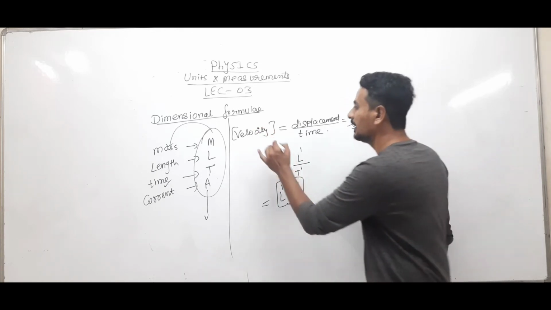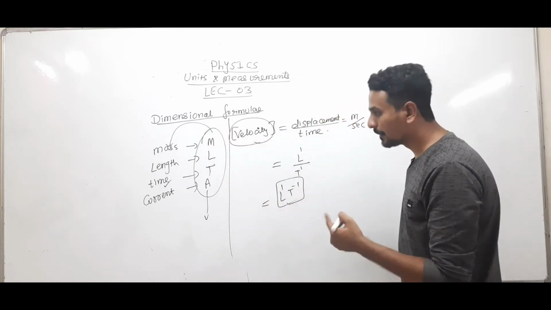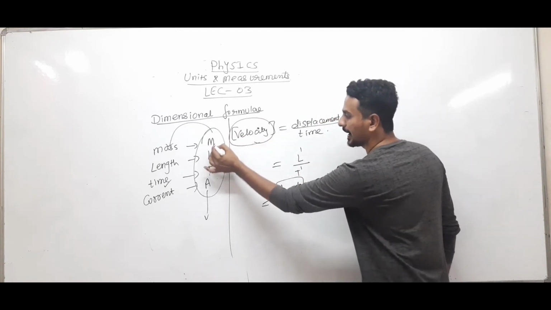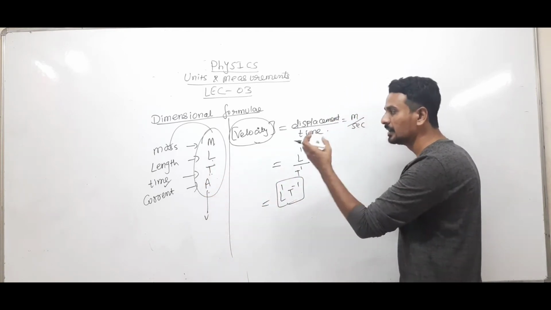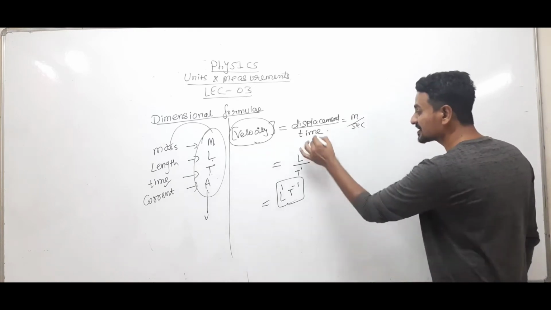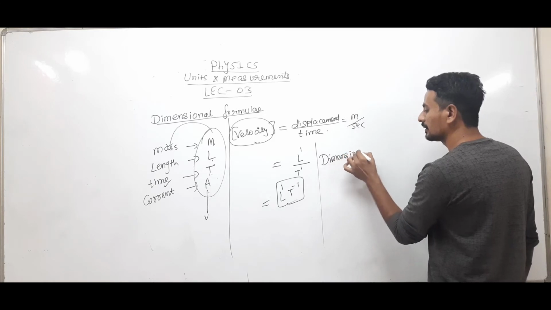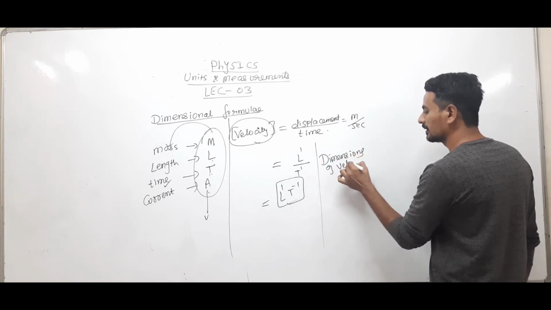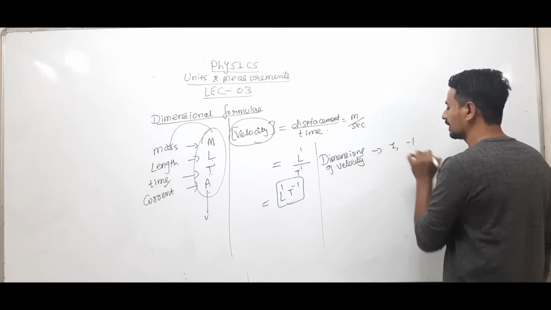That means whenever any physical quantity is represented by appropriate powers of M, L, T, A, K, etc., then you have written the dimensional formula for that physical quantity, right? And the dimensions of velocity are 1 and minus 1.